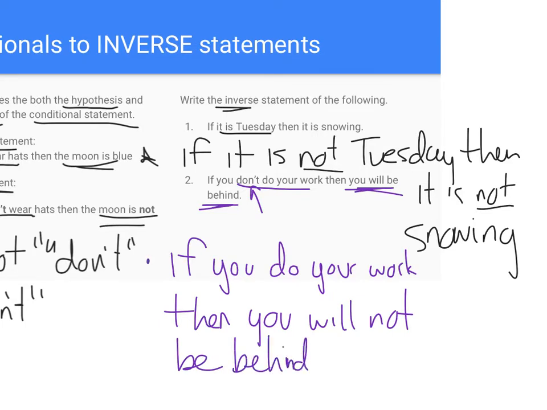So if you do your work, then you will not be behind.